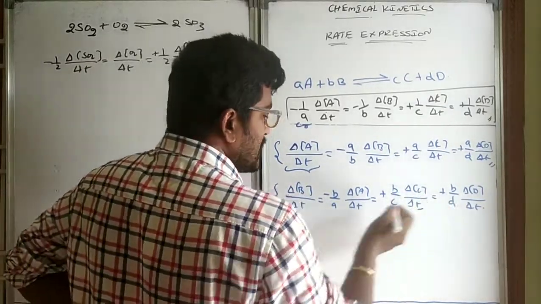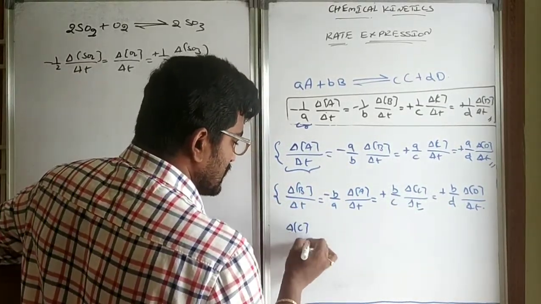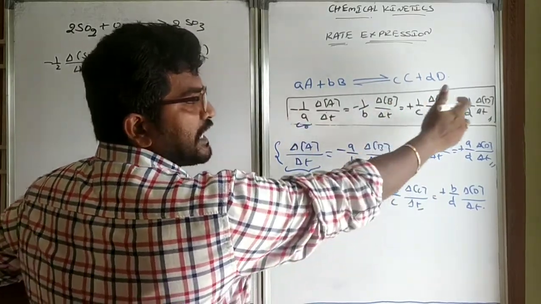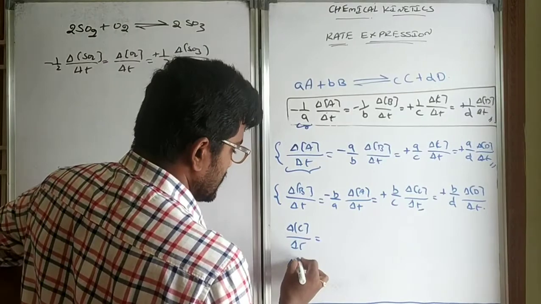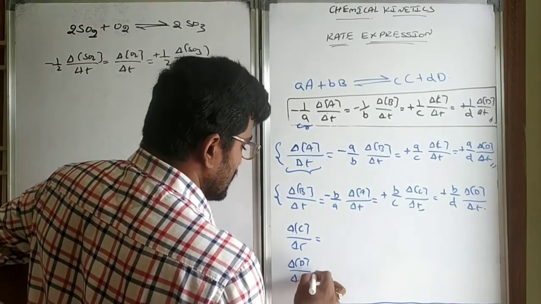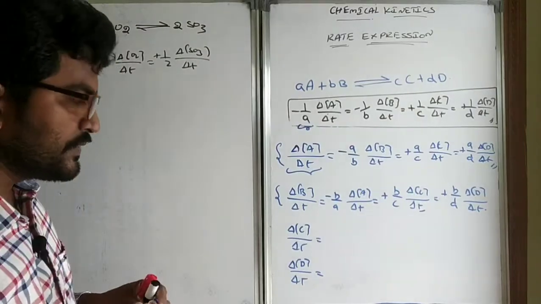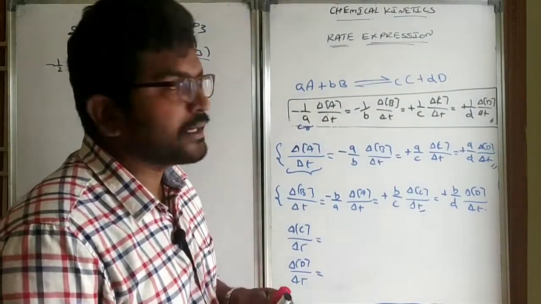If you see C and D, what can you write? Delta C by delta T means C will be multiplying with everything and you will get the answer. Delta D by delta T also the same thing. D will multiply everything. Like this, it is very important to remember.